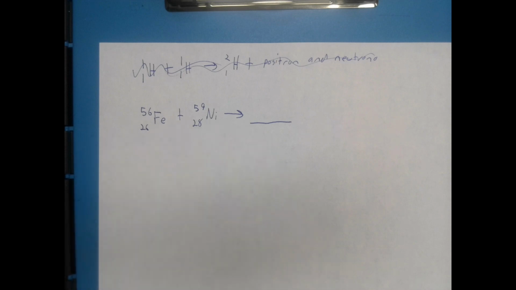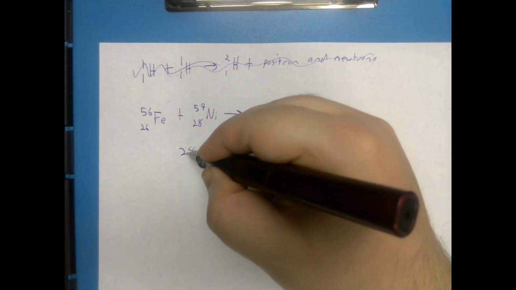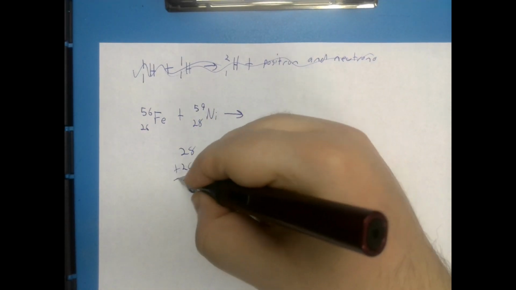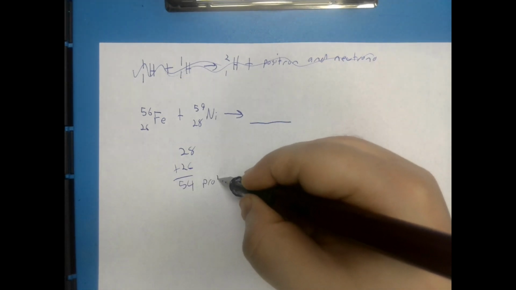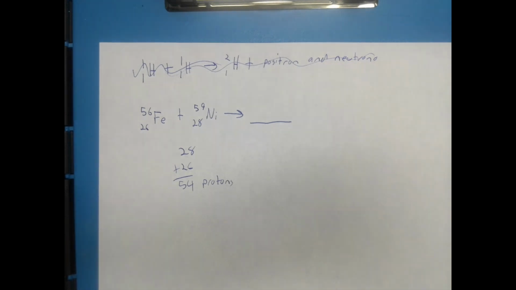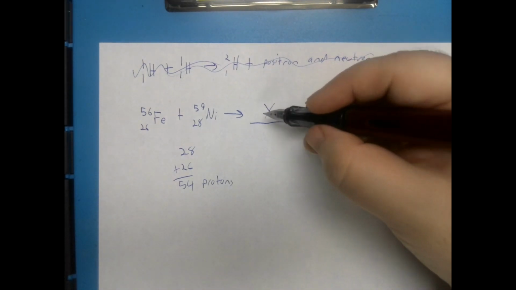So we can look at the atomic number. This would be 28 plus 26, which gives you 54. That means whatever atom this is will have 54 protons. Looking up on the periodic table, we see that that is xenon.